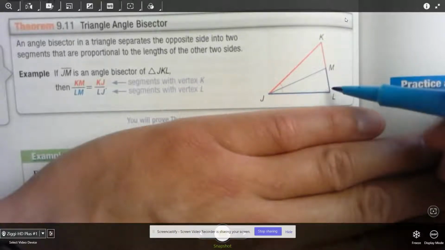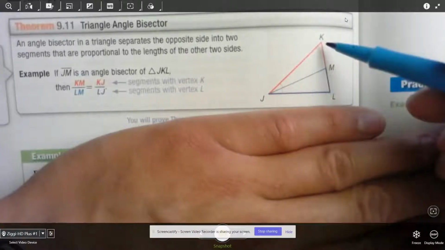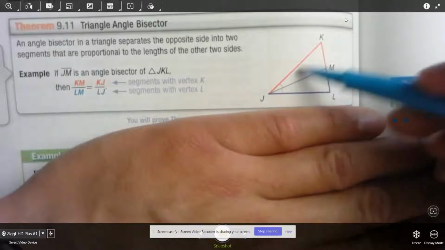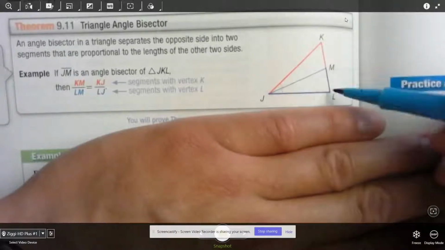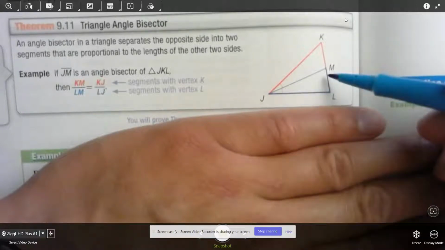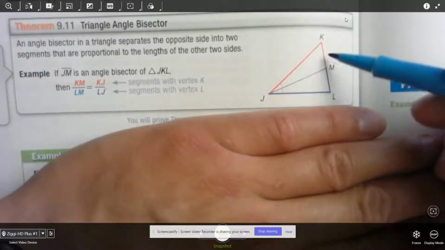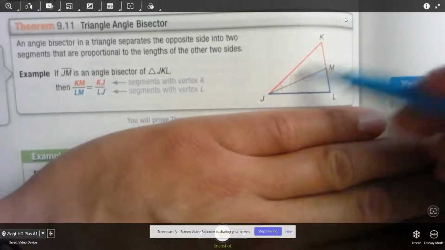So that's why it sort of makes two comparable, almost mini triangles, if you think about it, in this larger JKL triangle when you construct this angle bisector in such a way that KM and LM will make a ratio that is proportional to JK and JL.